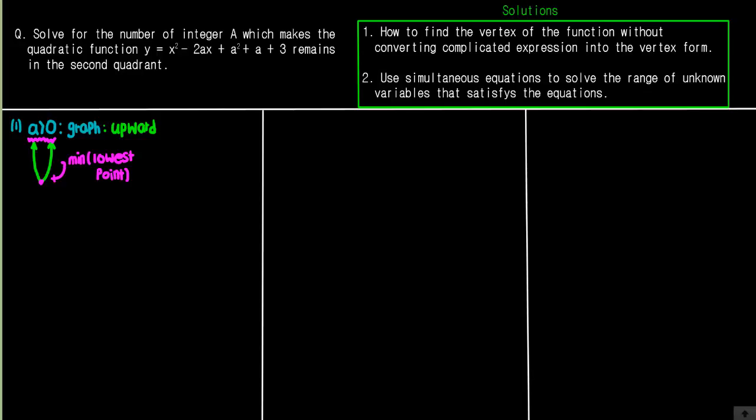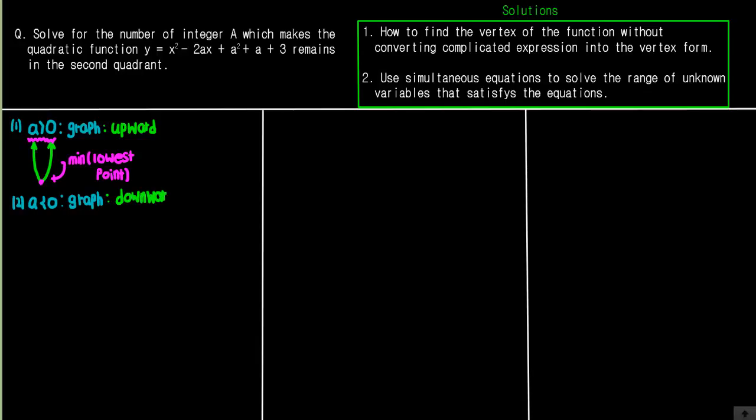For the second case, it is also defined by the a value. When the a value, the leading coefficient, is less than 0, which means its value is negative, the graph of this quadratic function will go downward, unlike the first one.